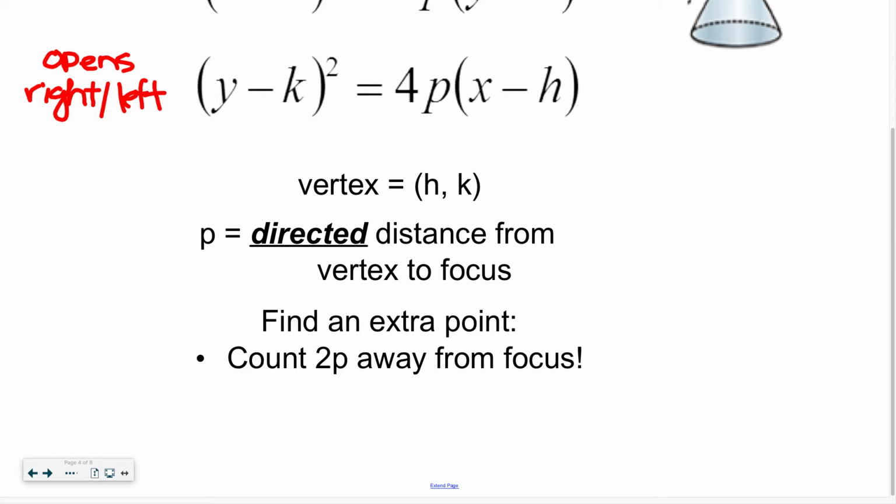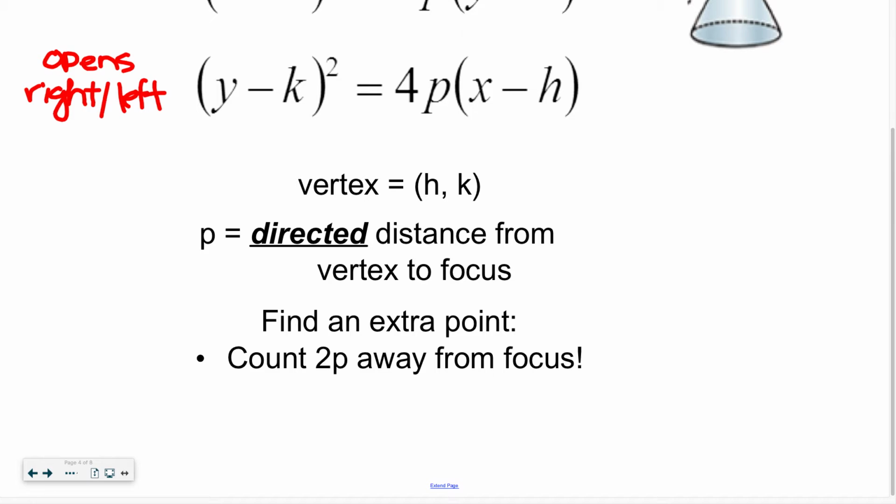p is called the directed distance from the vertex to the focus. So what I mean by that is if you have the (x minus h) squared, which is a parabola that opens up or a parabola that opens down, and your p is positive, then your parabola should open up.